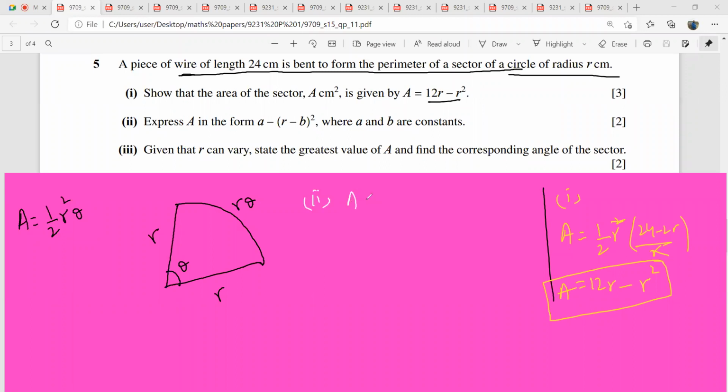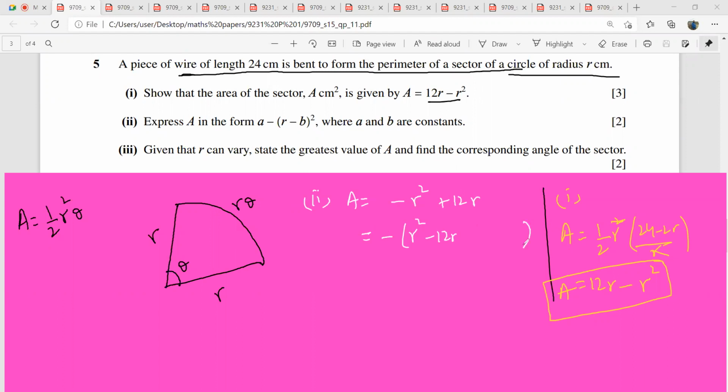You have this A as, let me write it as minus r square and then plus 12r. When you have to complete the square, make sure your square term's coefficient is only 1, not even minus 1. So we will be taking that minus common. This is r square minus 12r.